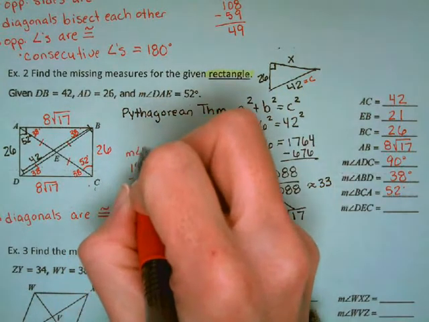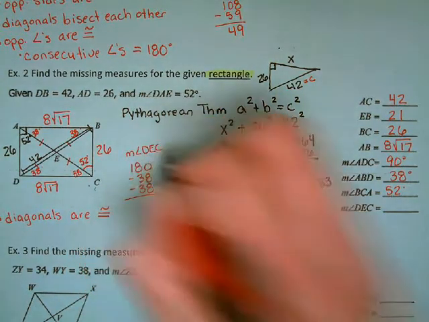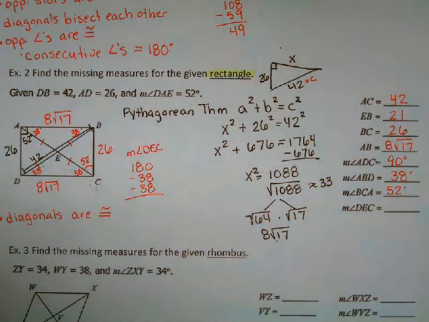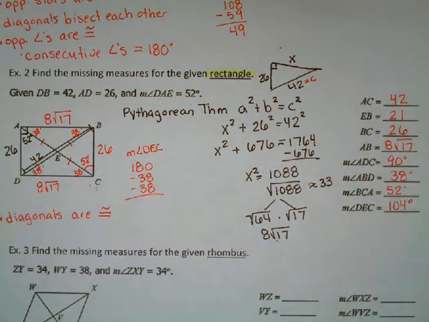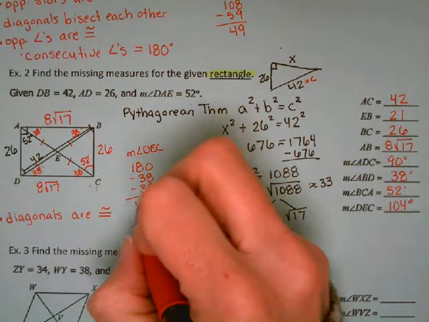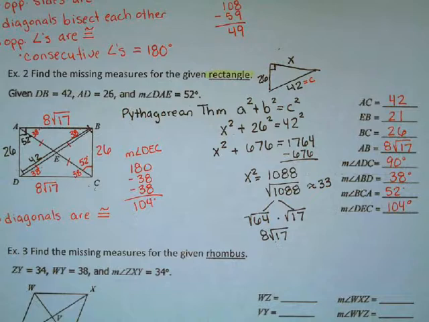That's how I'd find that one. And we get 104. So lots of different properties of a rectangle there used.